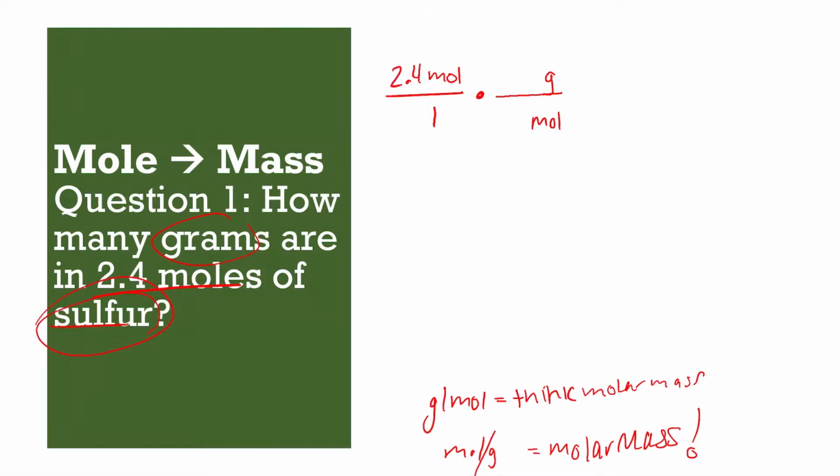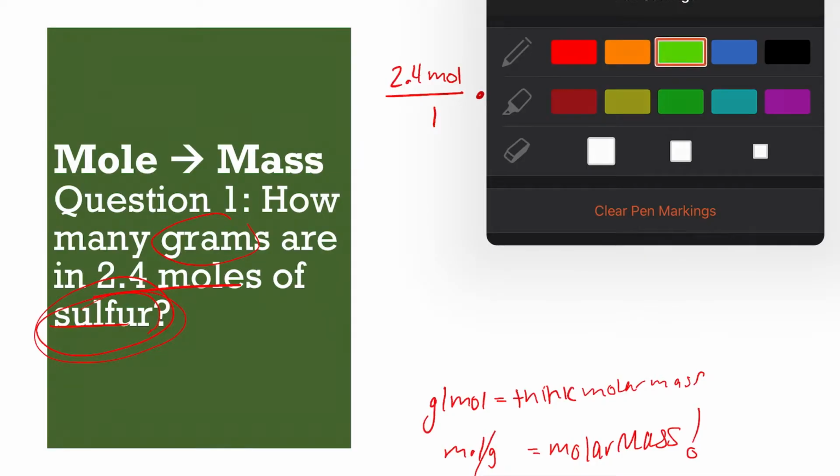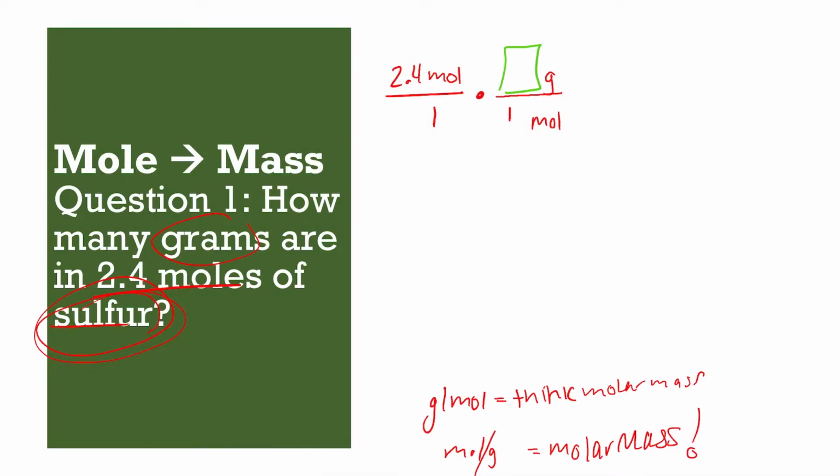So we're talking about sulfur. So in 1 mole, because the number next to mole will always be 1. Grams, so this number right here is going to be the molar mass of sulfur. So look on the periodic table, sulfur is 32 grams, and that's it.